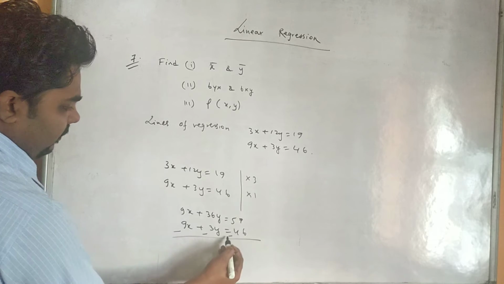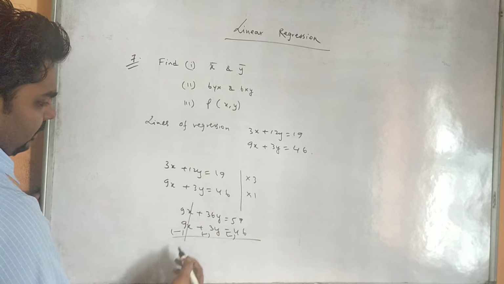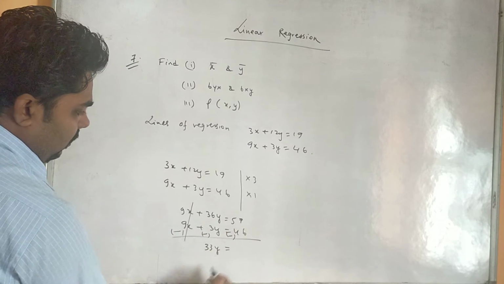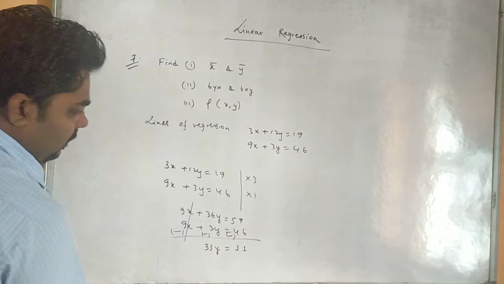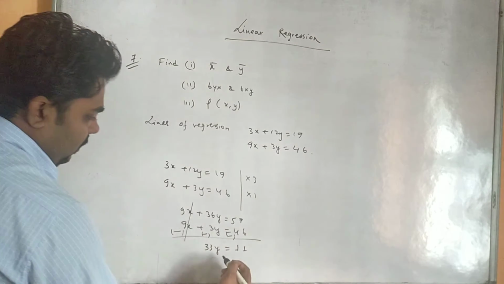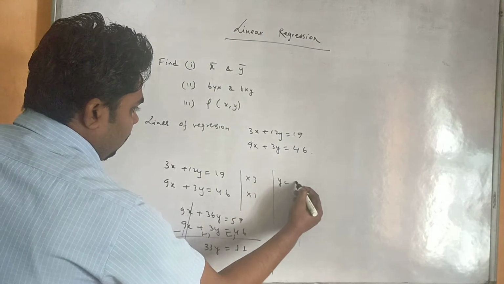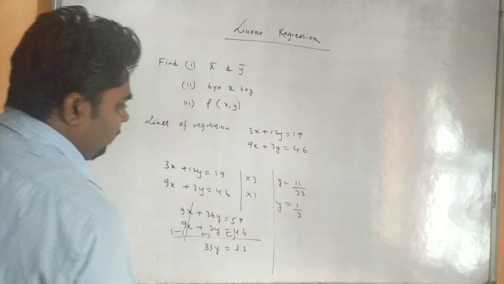The sign will get changed, we will change the sign here. So 9x will get cancelled. So 36 minus 3, that is 33y, and here you will get 11, right? So y will be 11 by 33 or 1 by 3. You got the value of y.